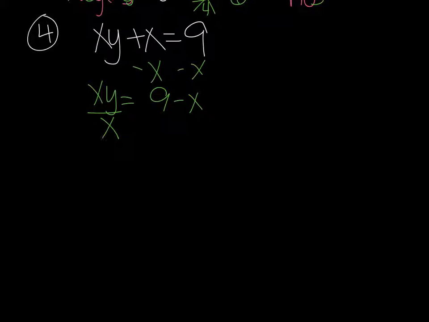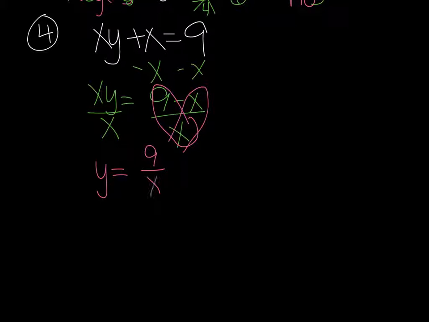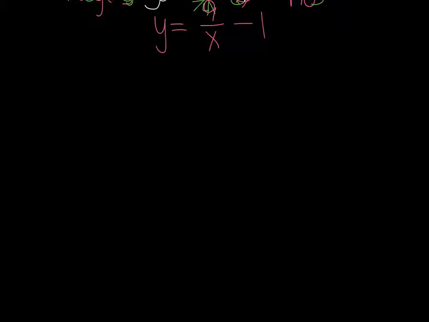Okay, divide both sides by x. And then once again, to simplify, go ahead and use the butterfly rule. So I should end up with y equals 9 over x, which can't really be simplified at all, but x over x gives me just 1. Okay, so once you solve your equation for a variable, then we're ready to start plugging values in.